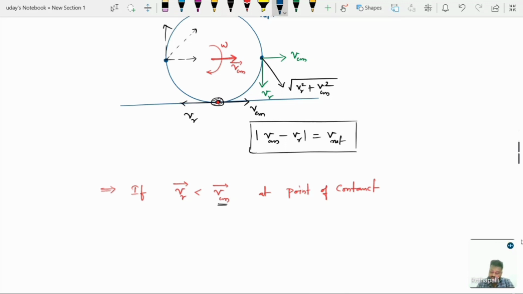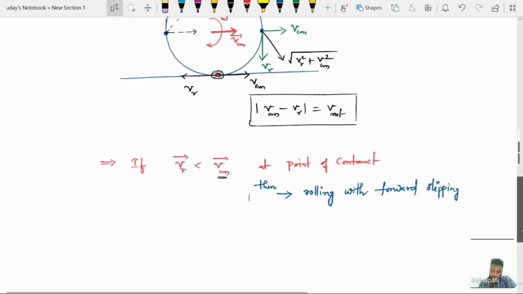So this condition is rolling with forward slipping: whatever the velocity of the point of contact in the forward direction is, it is more than the velocity of the same point of contact in the backward direction.